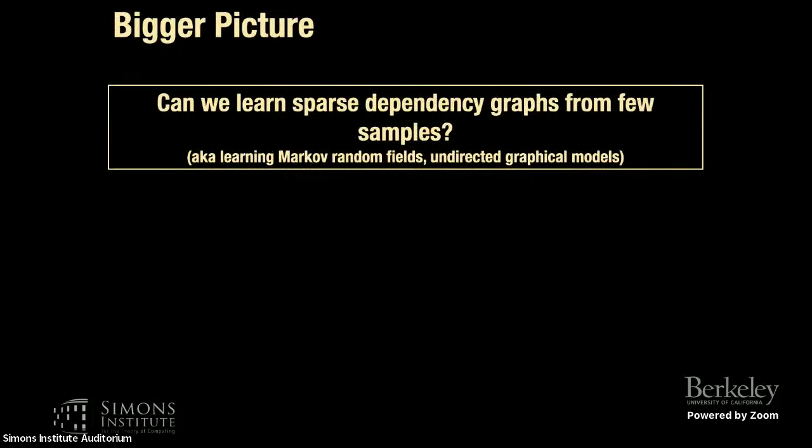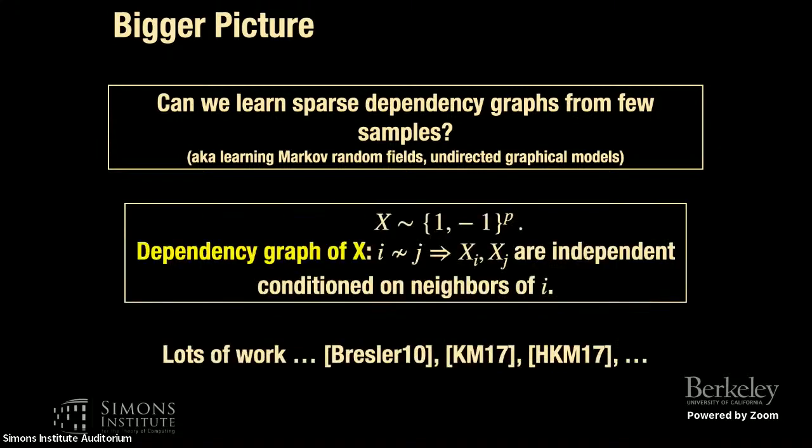And the bigger picture that we're looking at in the previous talk, this talk, and maybe a little bit even in the next talk is, I give you some distribution, right? Under the assumption that the dependency graph, as we defined before, is sparse, can we learn the distribution? Can we learn the dependency graph from few samples? This is just like learning Markov random fields, learning undirected graphical models. All of these are rephrasings of the same question.